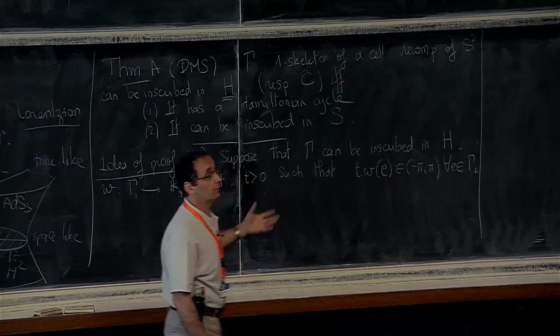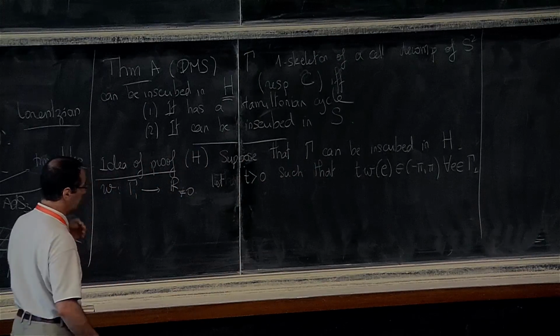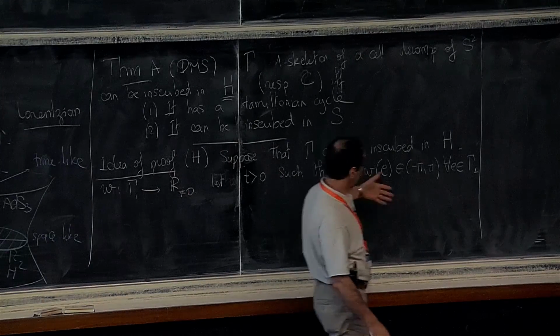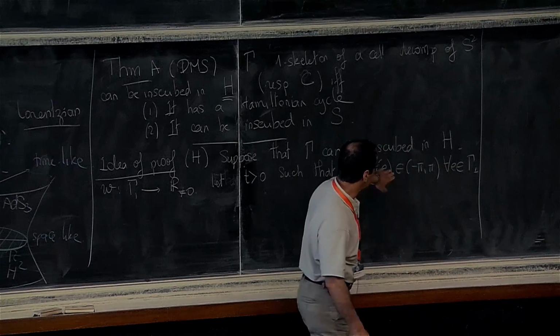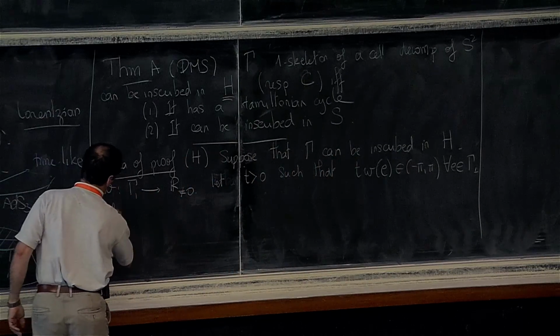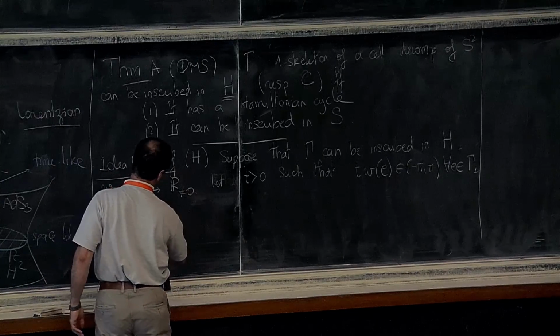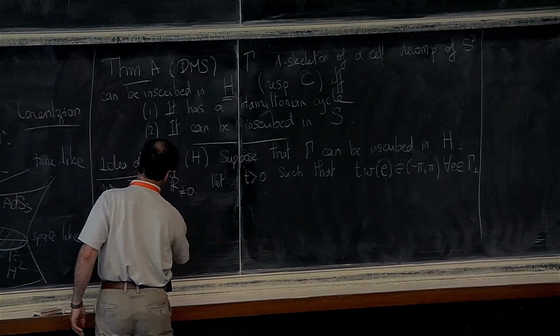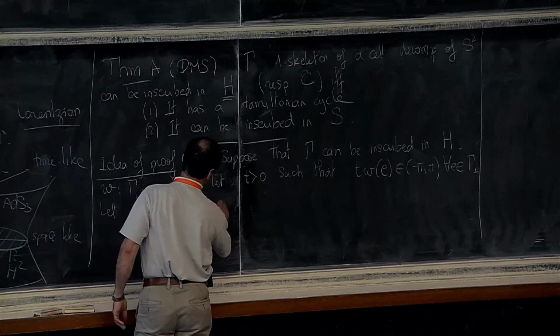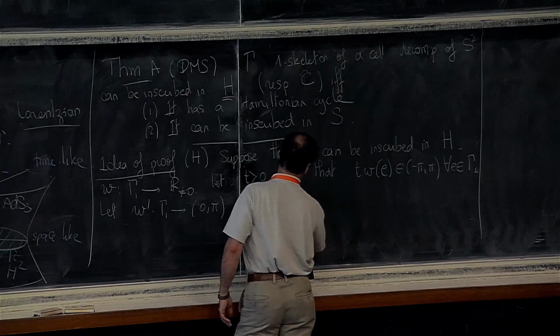My goal is to apply theorem B to find a way to inscribe this polyhedron in a sphere. But it's better because now most values are between 0 and pi, but some of them are between minus pi and 0. So I have to add something on the negative edges. So I'm going to define W prime, from gamma 1 to 0 pi, in the following way.